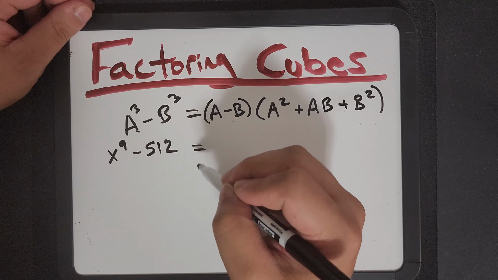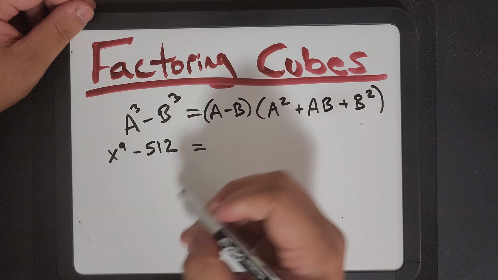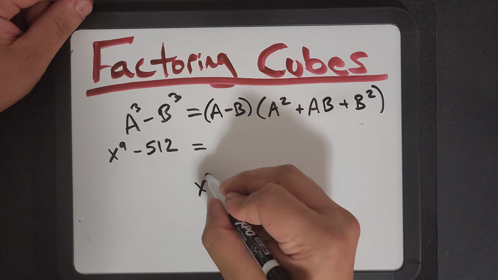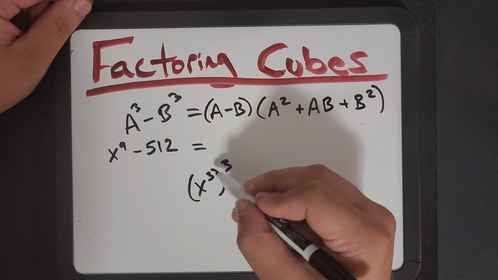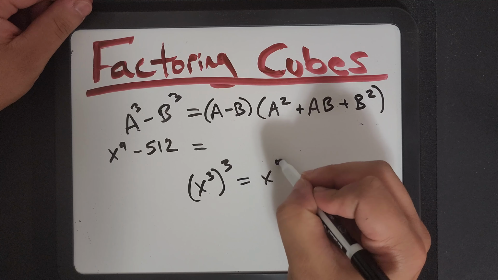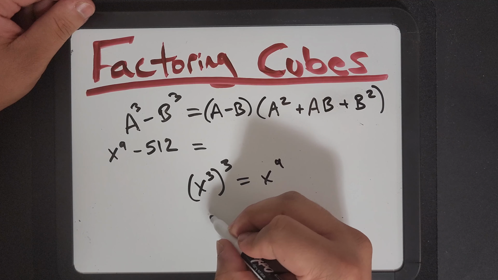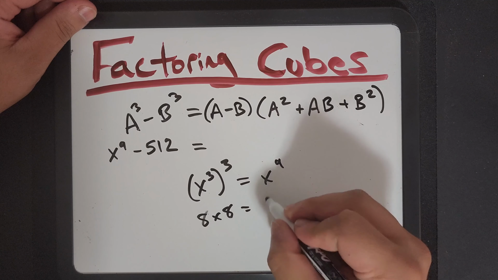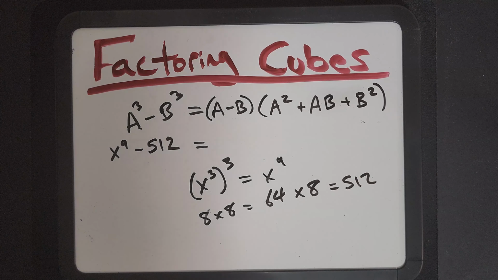Can we identify these as cubes? Well, for one, x to the power of 9 is a cube because we can do x cubed, power of the power becomes 3 times 3 is 9. So that is correct. And then we have 512, which is basically 8 times 8 equals 64 times 8 equals 512.